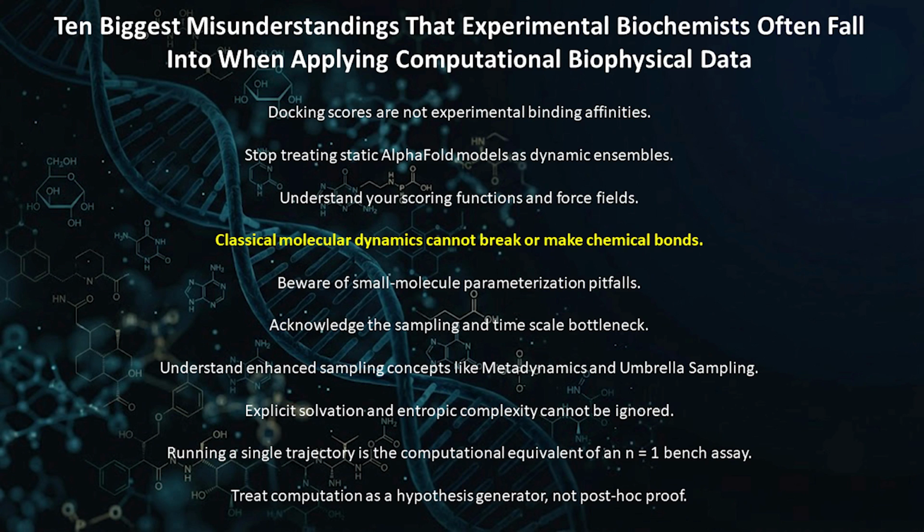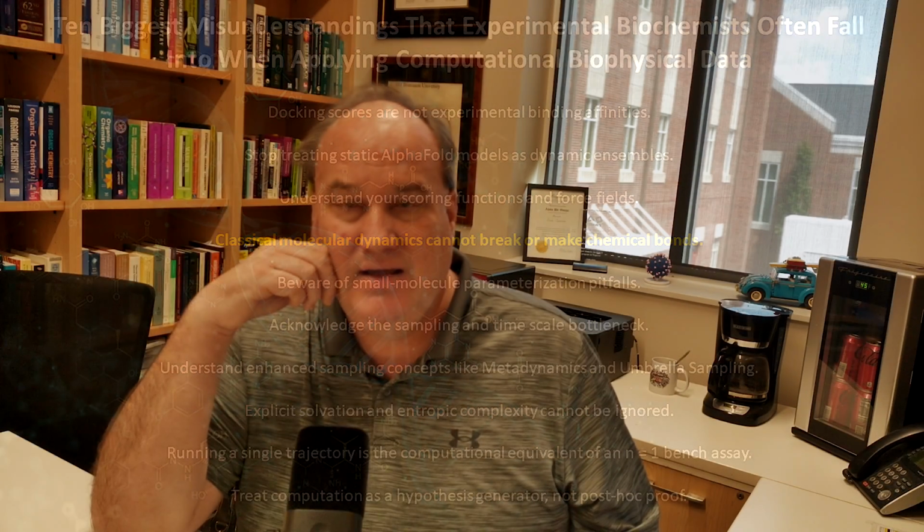And this tells us that classical molecular dynamics cannot break or make chemical bonds. And so I once worked with a graduate student that spent weeks running a massive classical MD simulation. And they were trying to capture the exact catalytic step where an active site serine cleaved a peptide bond.